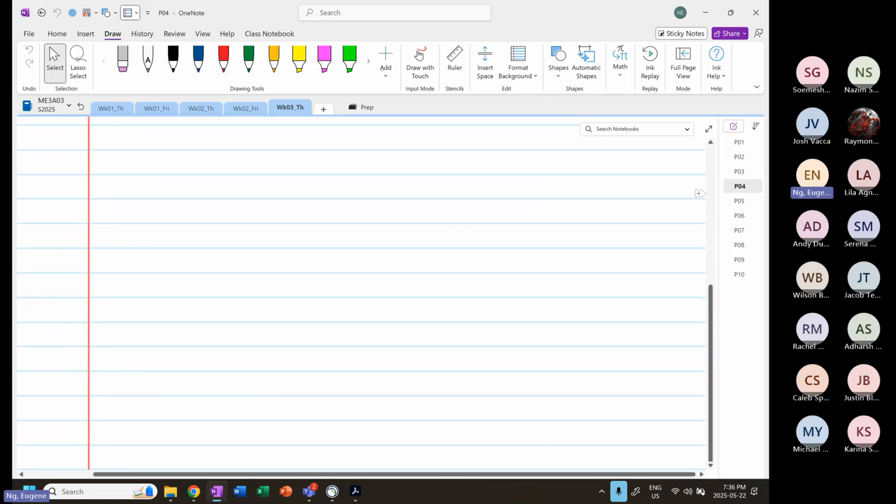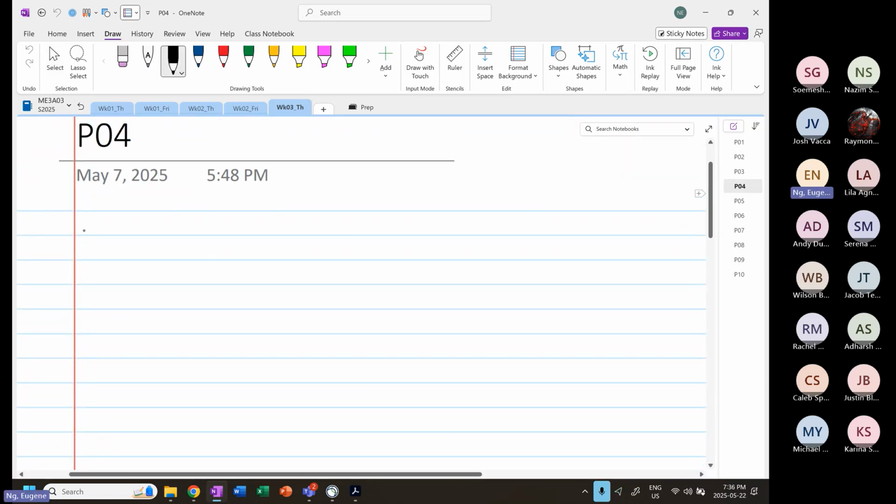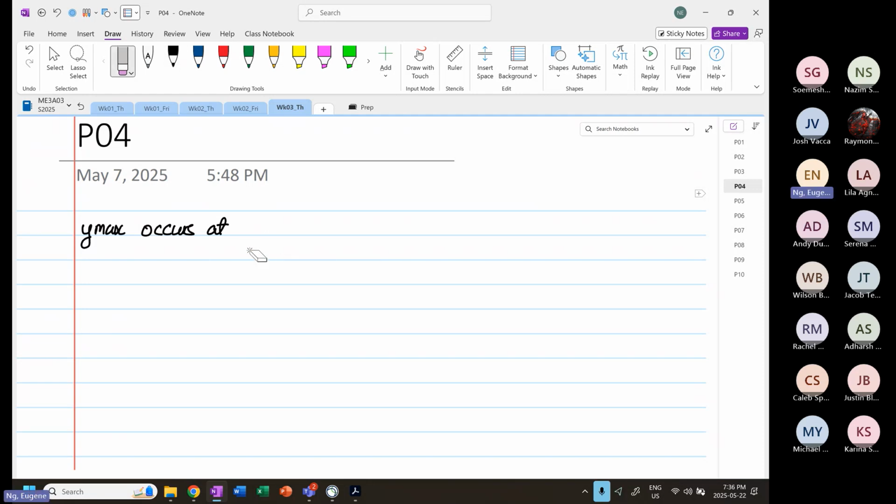We're also aware that y max occurs at x when x is equal to L over 2. So therefore, equation number 9 becomes y max.